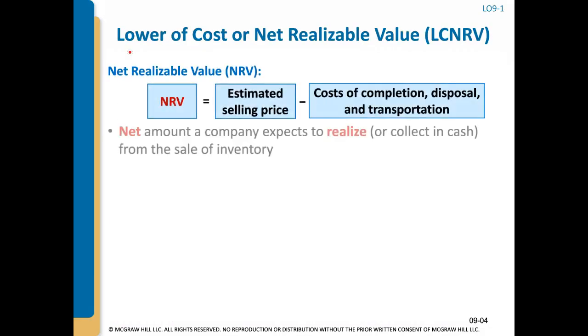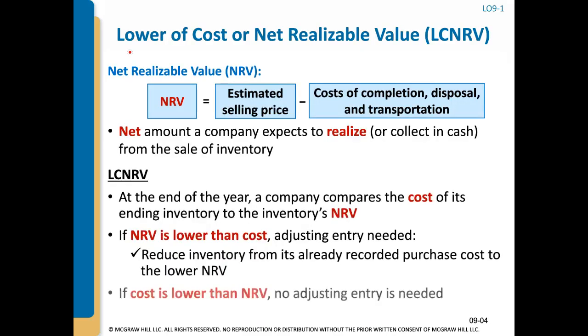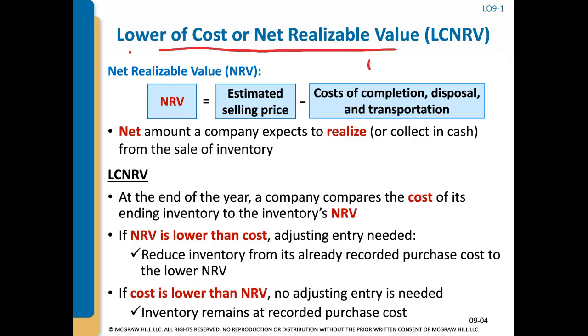So this video is going to go through the first approach, which is the lower of cost or net realizable value. Again, this is when you use FIFO, average weighted cost, and anything besides LIFO and the retail method.